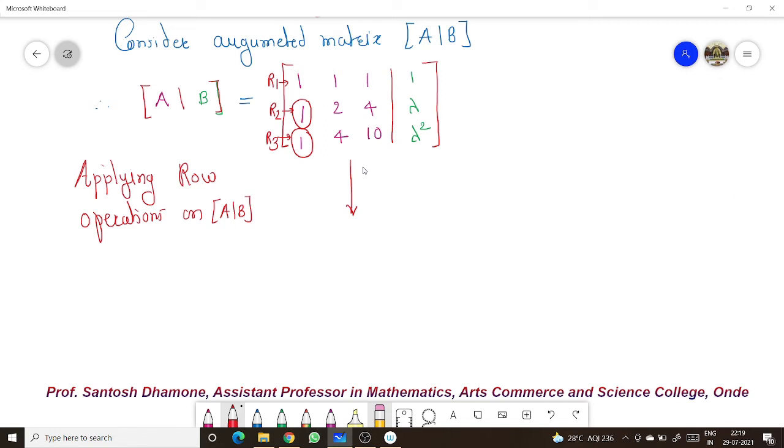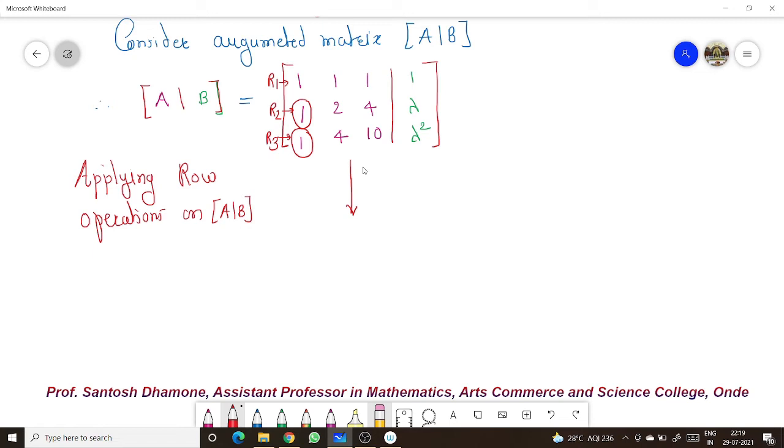And n, the number of unknowns, is 3. Hence the rank of matrix A, equal to 2, is less than n, equal to 3. Hence there does not exist a unique solution.